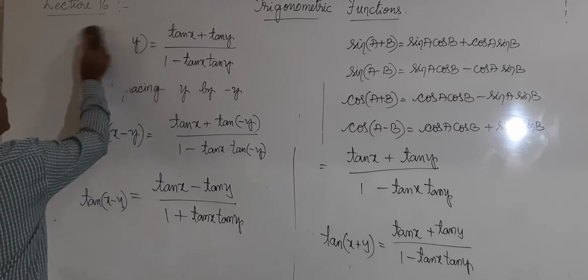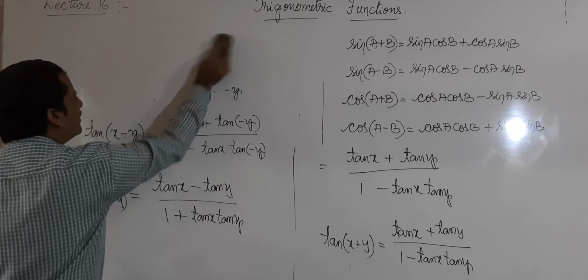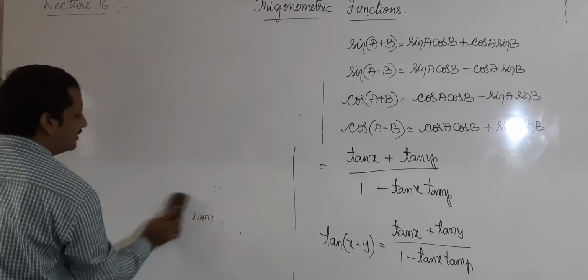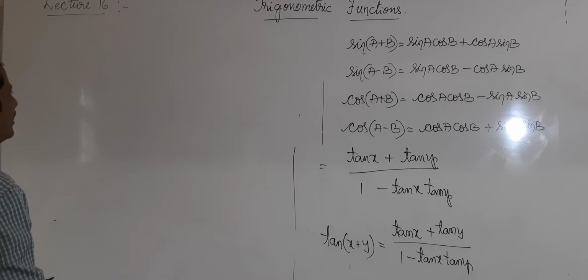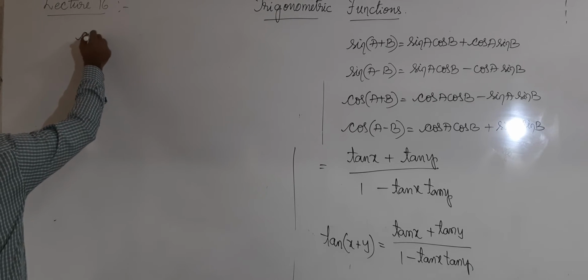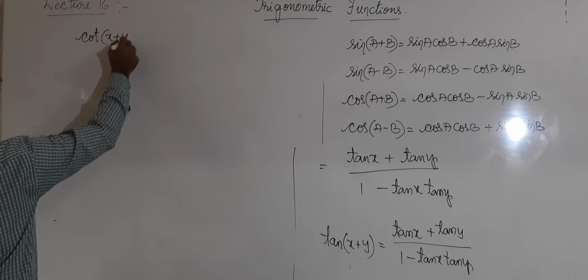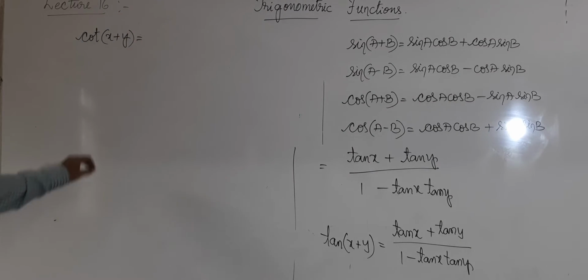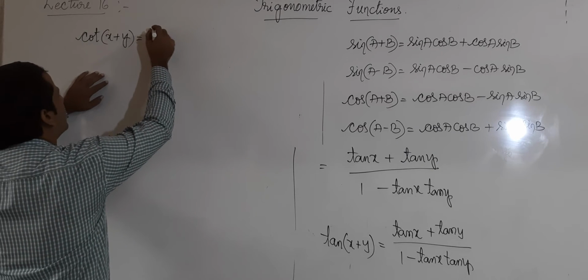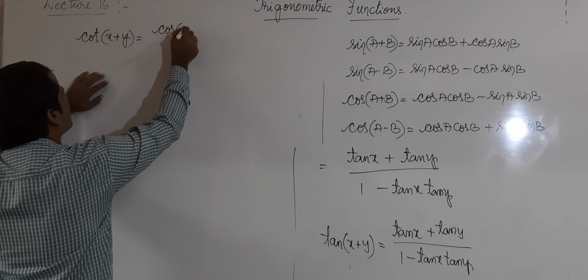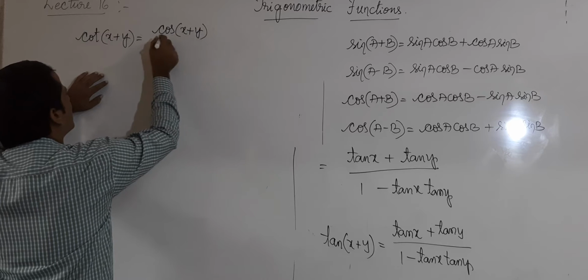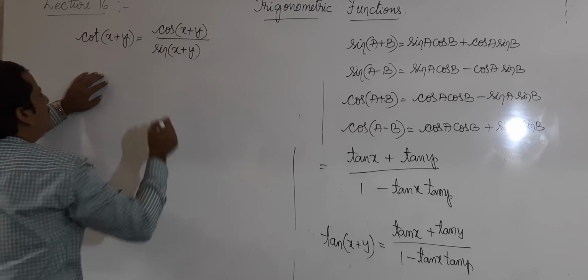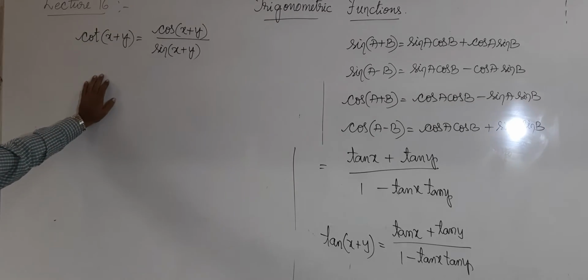Okay. Then after this, let me derive a formula for cot(x plus y). Cot(x plus y) I can write as cos(x plus y) divided by sin(x plus y), because cot theta is equal to cos theta by sin theta.